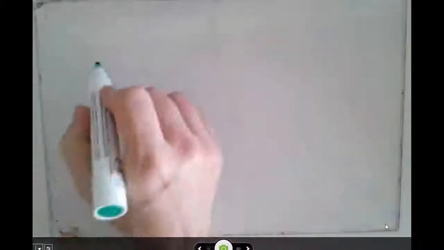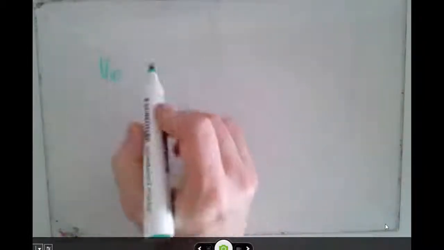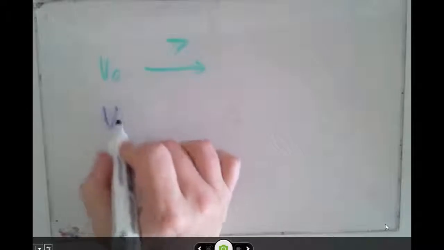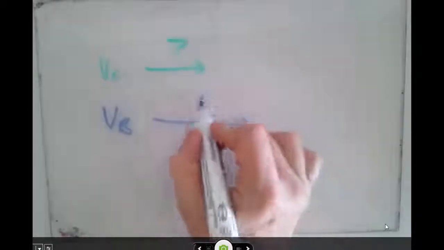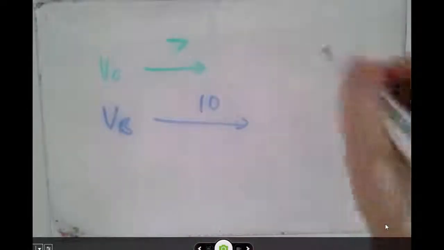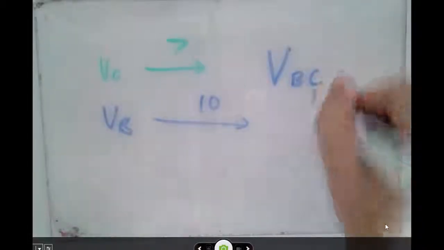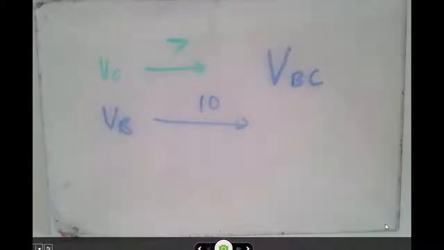In this situation, we have vector C moving at 7, and we have vector B moving at 10. So if we want to know the velocity of B relative to C, we just minus them.